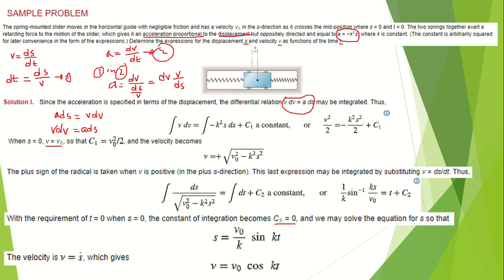Since this is a constant, you can remove it, because when you find the derivative of sine, the derivative of sine is cosine, right?